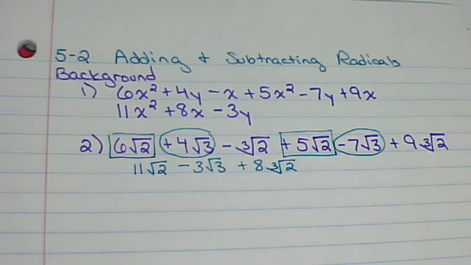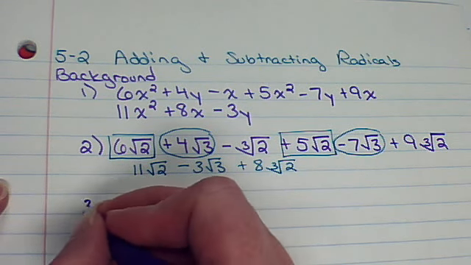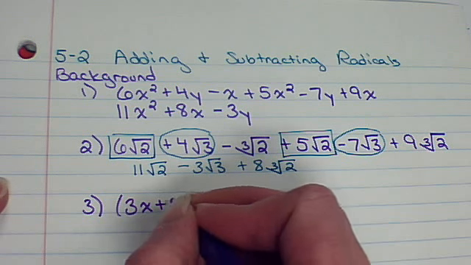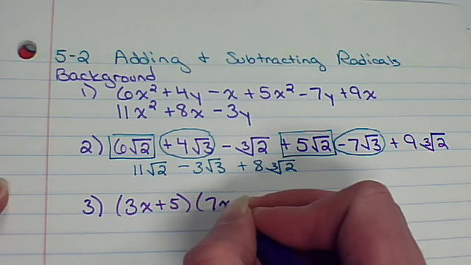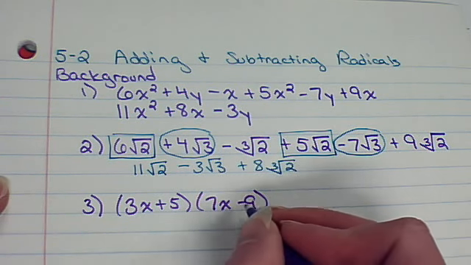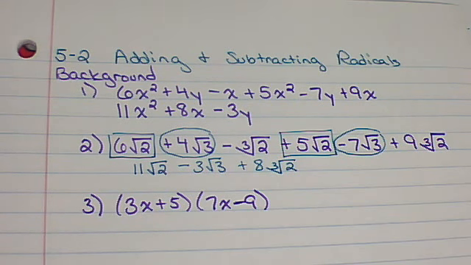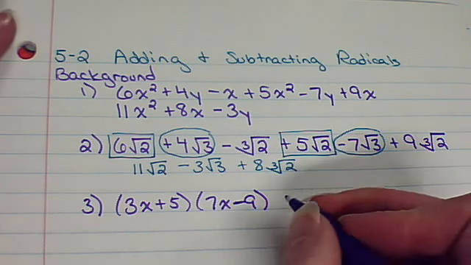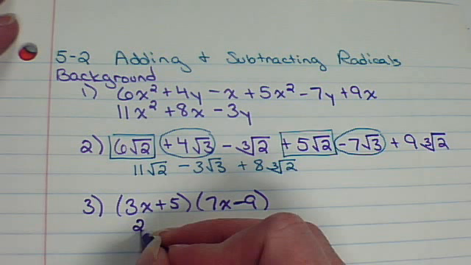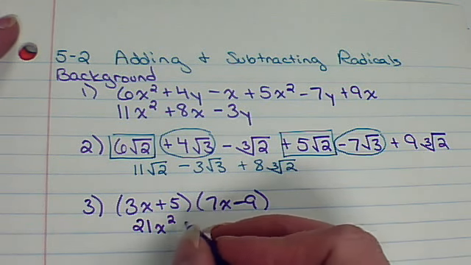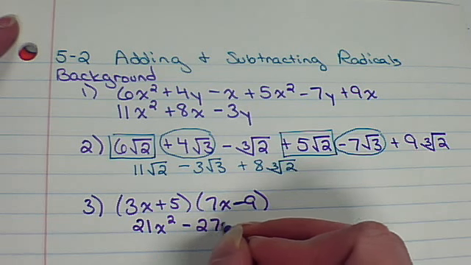Now, the next thing I want to compare, what if we had 3x plus 5 times 7x minus 9? We would distribute. Okay, so let's distribute. 3x times 7x would give me 21x squared. 3x times negative 9 is negative 27x.